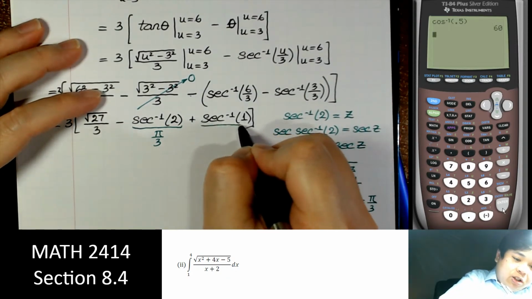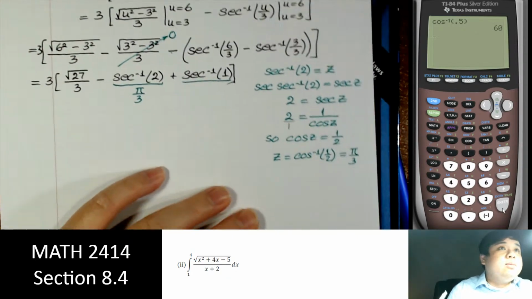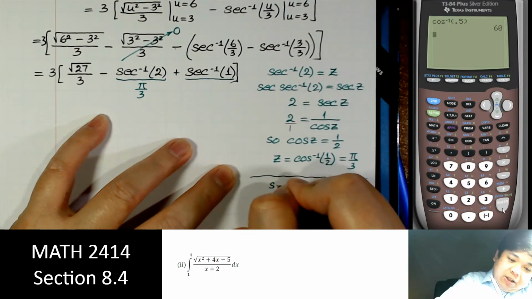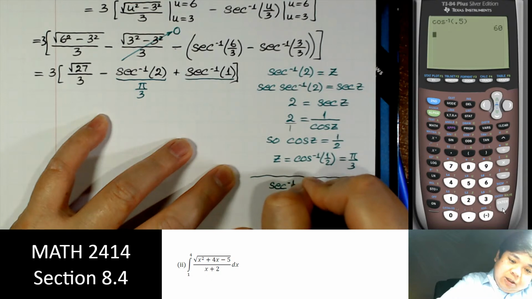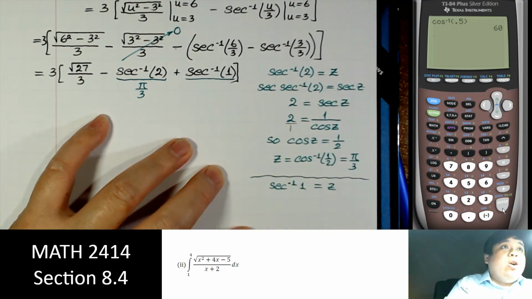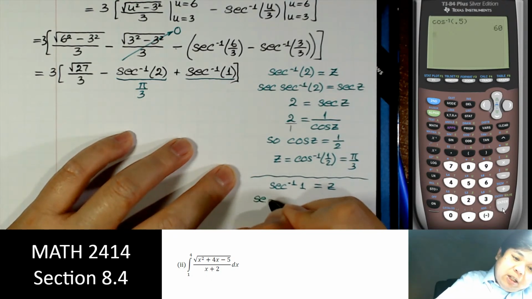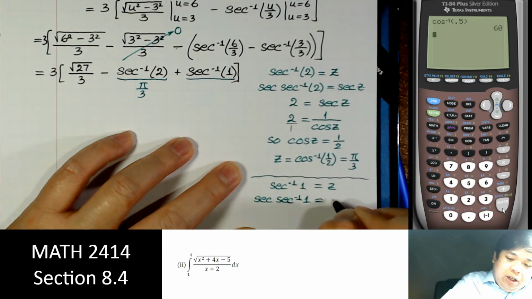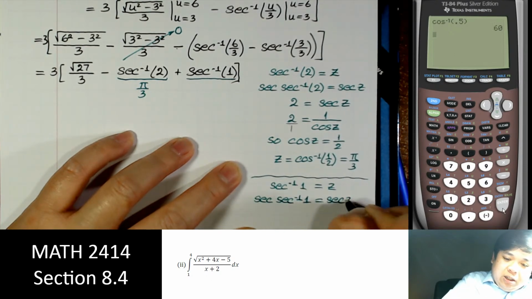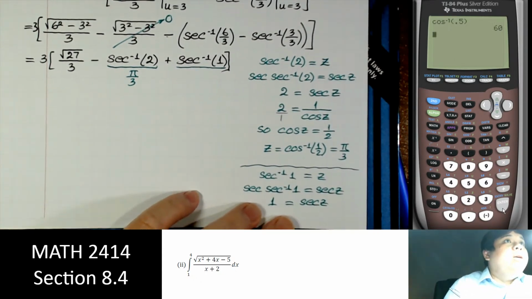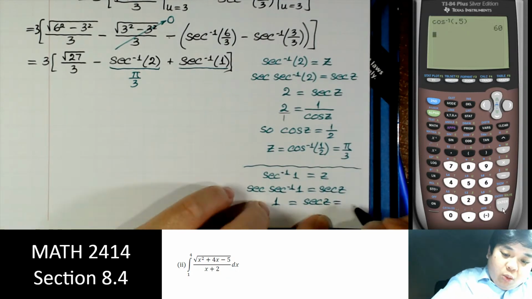And what is secant inverse of 1? Try the same thing. Secant inverse of 1 equal to z. Take the secant on both sides. Secant of secant inverse 1 equals secant z. So we have 1 equals secant of z. And secant of z is 1 over cosine.